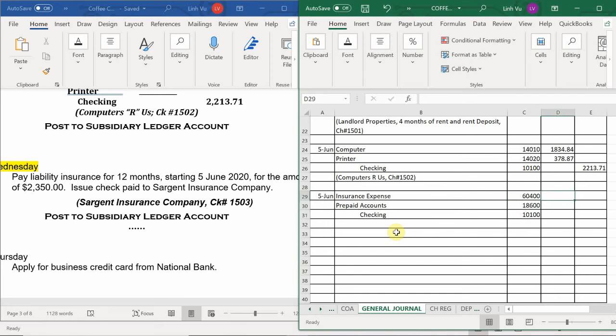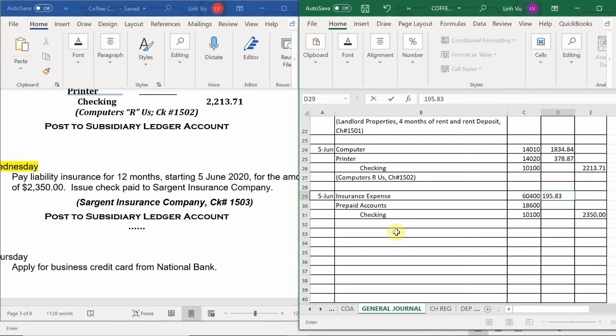For the whole year, we wrote a check for $2,350. Because I have to split it, how much is it going to cost me per month for insurance? $195.8333, so $195.83.